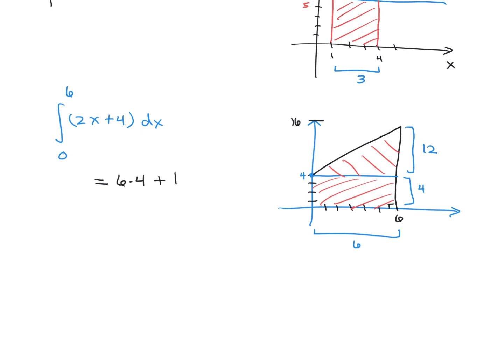And then for the triangular portion, that's 1/2 the base, which we know is going to be 6 units, times the height, which is 12 units. So that's going to be 24 plus 36, which is going to give us a value of 60. So that integral is equal to 60 units of area as an interpretation.